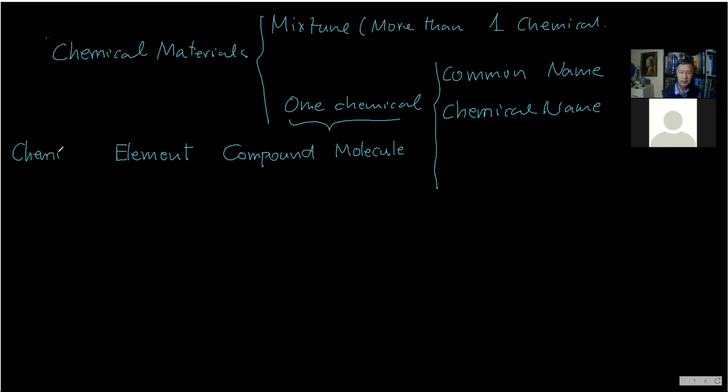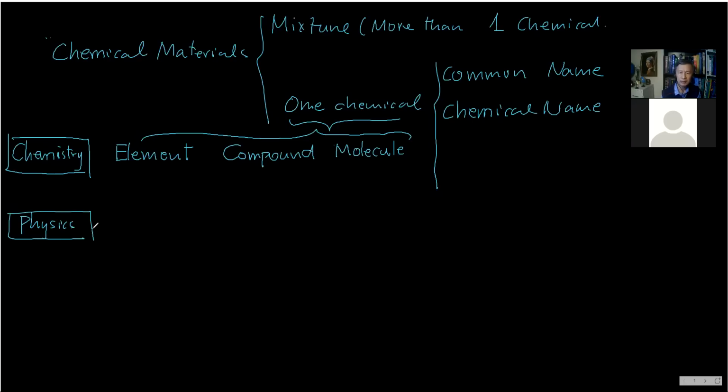In the chemistry course, you call them chemicals that contain elements, compounds, and molecules. But in physics, we call an element an atom.